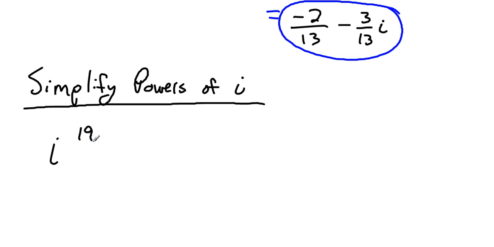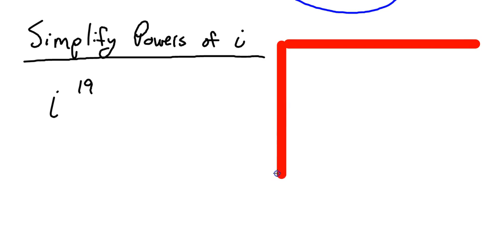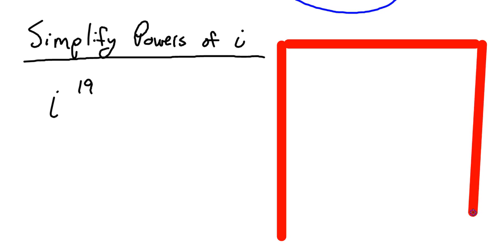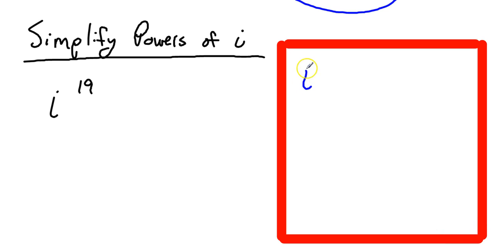Let's say you got something like i to the 19th. All right. Flashback to exponents.